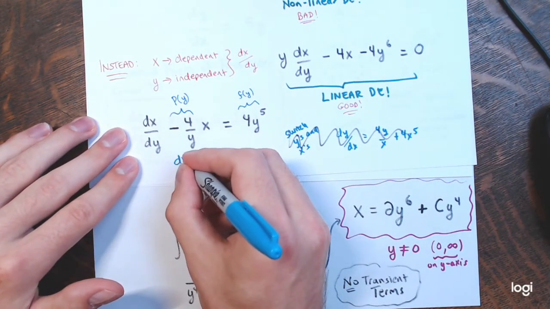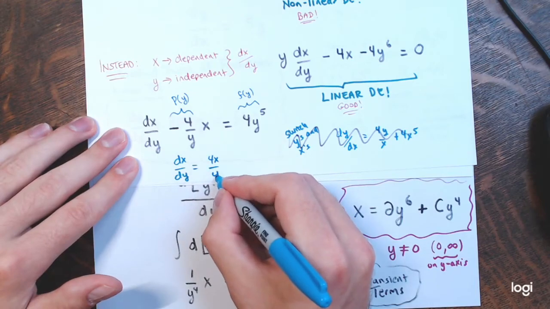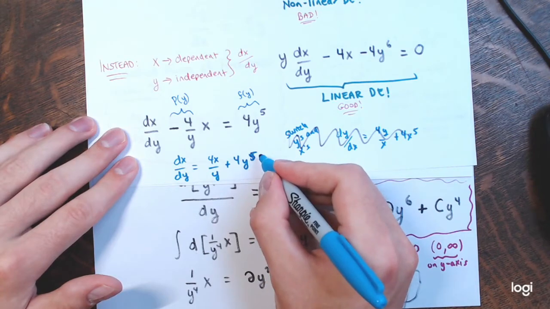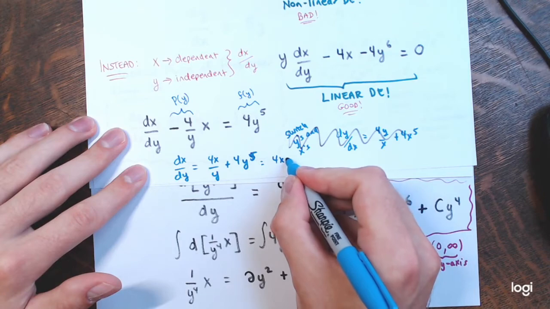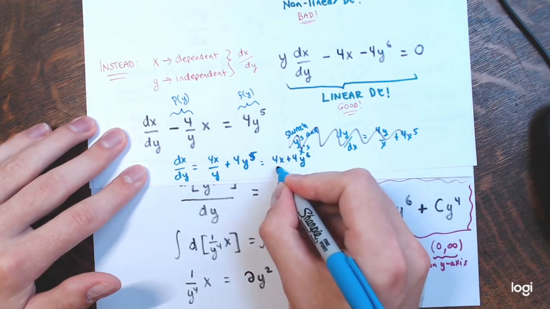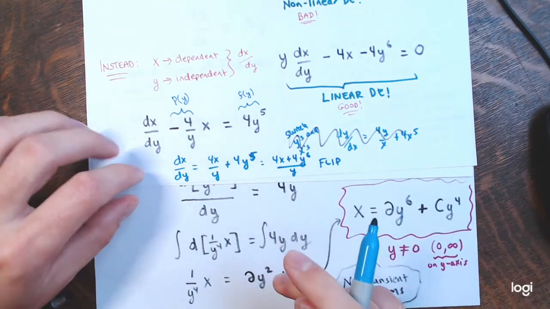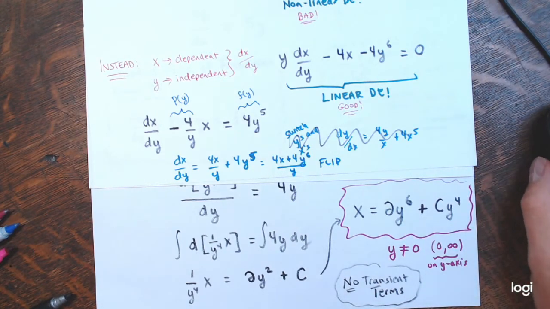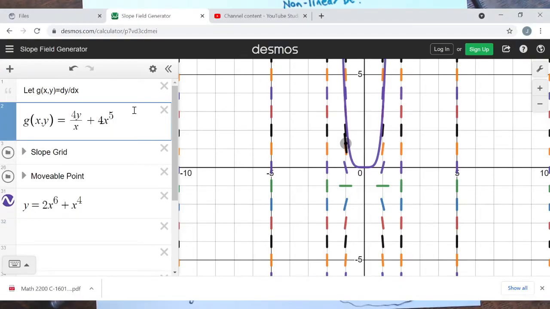Dx dy would be 4x over y plus 4y to the 5th, which if you put this as a single fraction would be 4x plus 4y to the 6th divided by y, and then you flip that to get dy dx. And you can only do this with first order differentials. So let me flip that and put y over 4x plus 4y to the 6th. See what I get there.